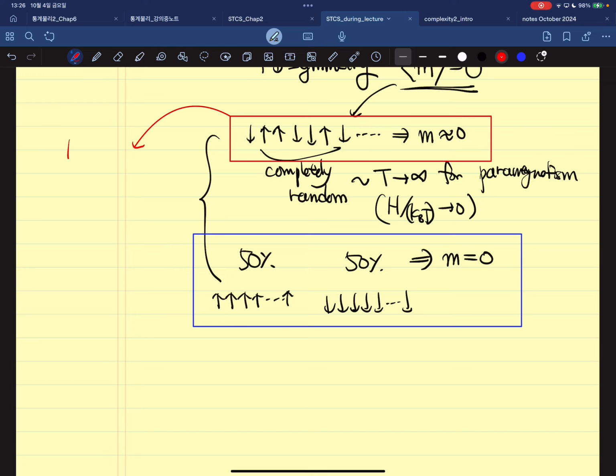So this is a disordered state. But in this case, even if the average magnetization is 0, you have either all spin up or all spin down state. So it is actually an ordered state.